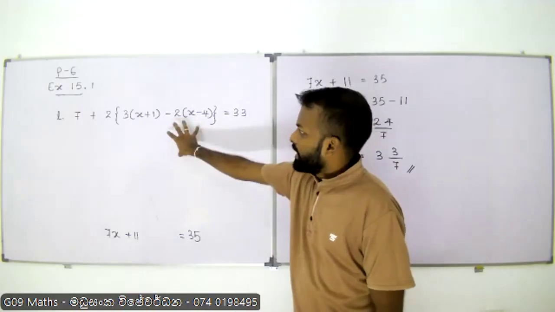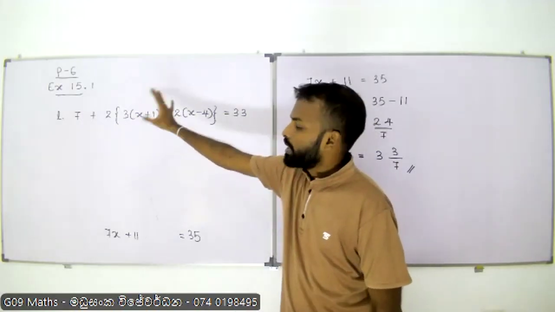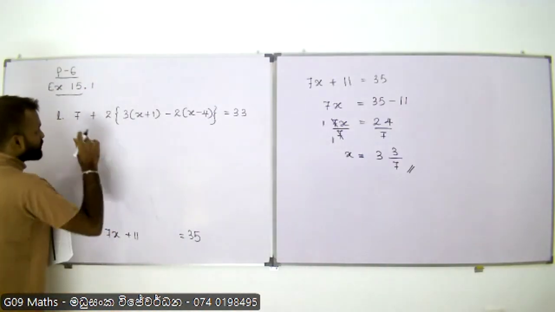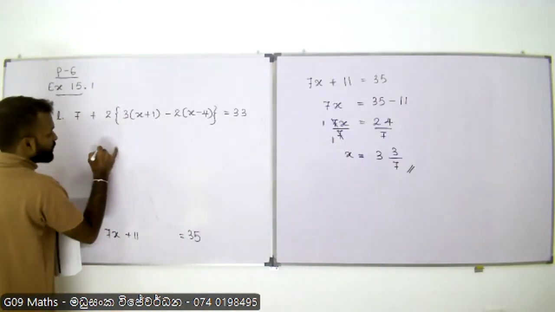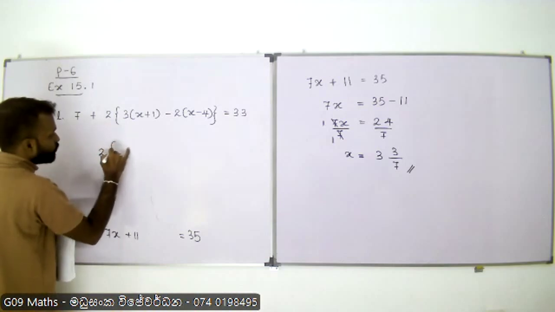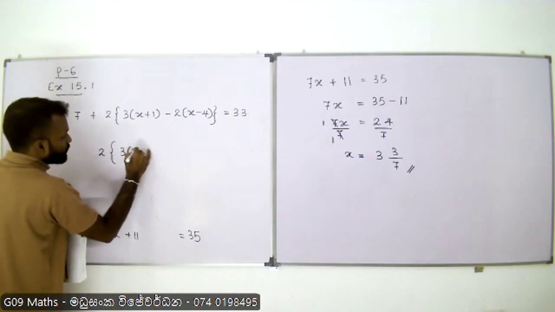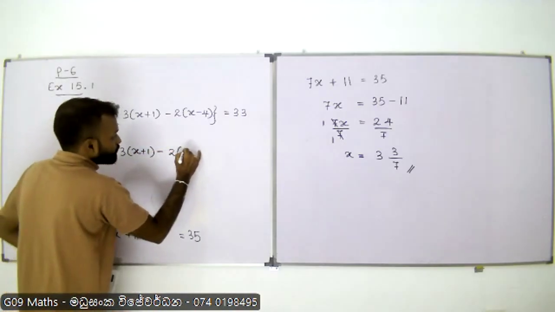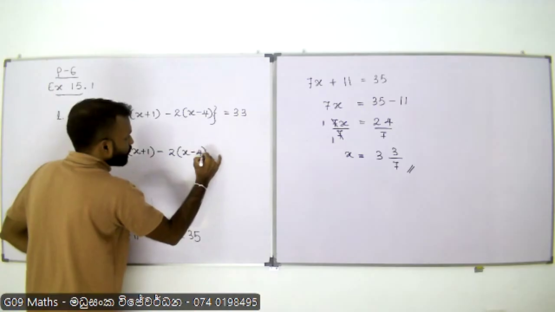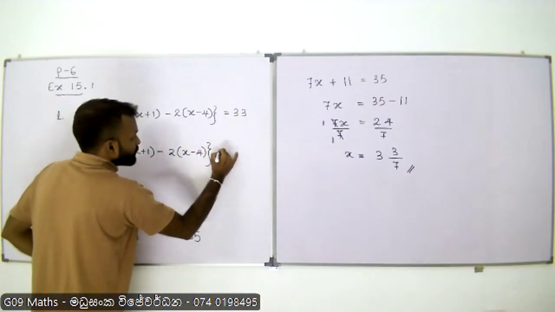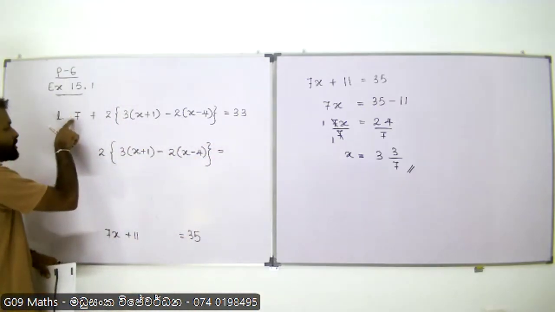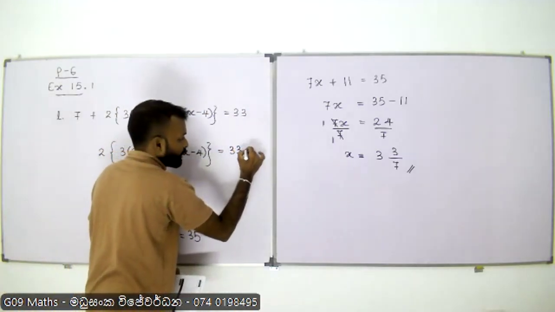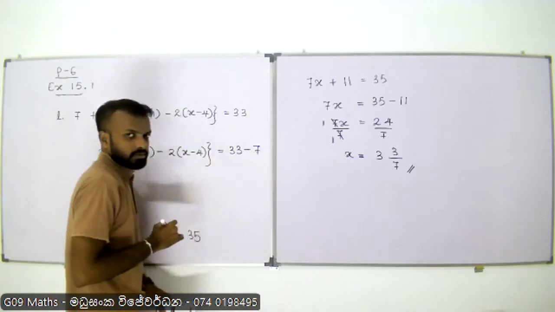So this is an apple. 7 plus apple, right? So I am going to subtract 7 from both sides so that I can write 2 times 3 times x plus 1 minus 2 times x minus 4 close curly brackets. 7 is here, positive 7, so it goes to the other side like being negative 7, right?